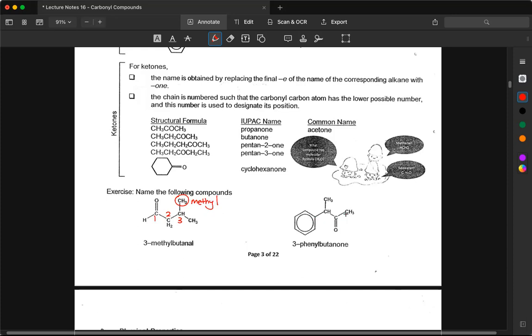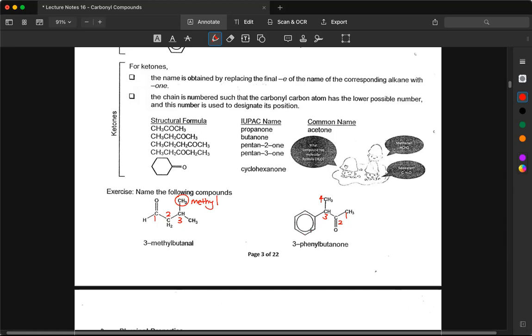As for here, you have 1, 2, 3, 4. You have 4 carbons in the longest continuous carbon chain. We call it butanone, as it is a ketone. So this benzene ring is attached to the third carbon.